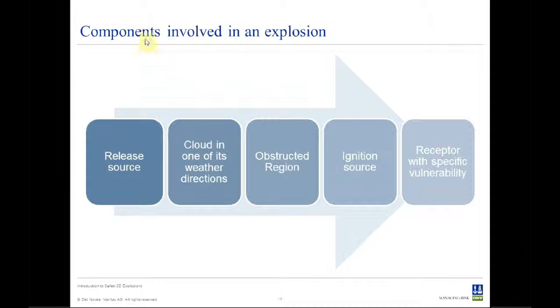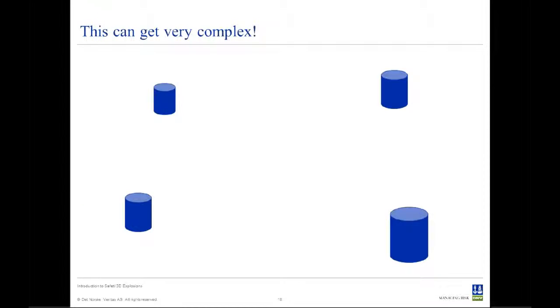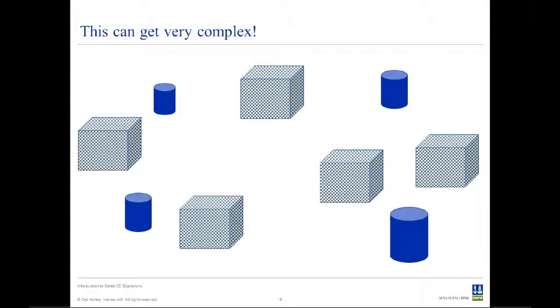So, as we saw in the previous animation, the components involved in an explosion using the 3D explosion method are the release containment vessel, the cloud in one of its weather directions, an obstructed region, an ignition source, and we also need to consider the receptor, which may have specific vulnerability. So this arrangement can give rise to a fairly complex situation where we have several process vessels in our plant, several obstructed regions, and we may be considering one particular sensitive target.